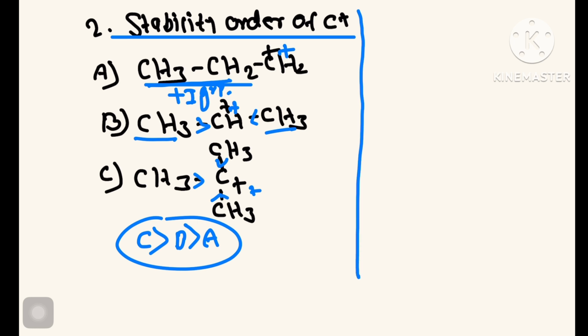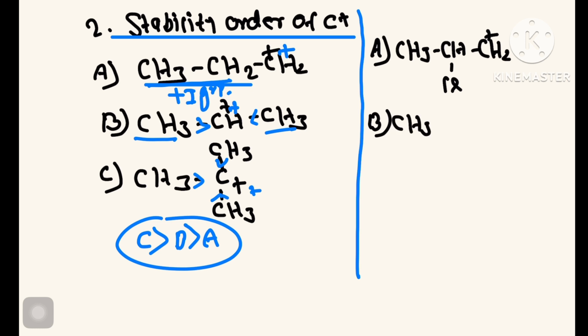Similarly, if A is given CH3, CH, here Cl, CH2 plus, and B is given CH3, CH, NO2 and CH2 plus. Which one is more stable? Just here you can think. This is minus I group.